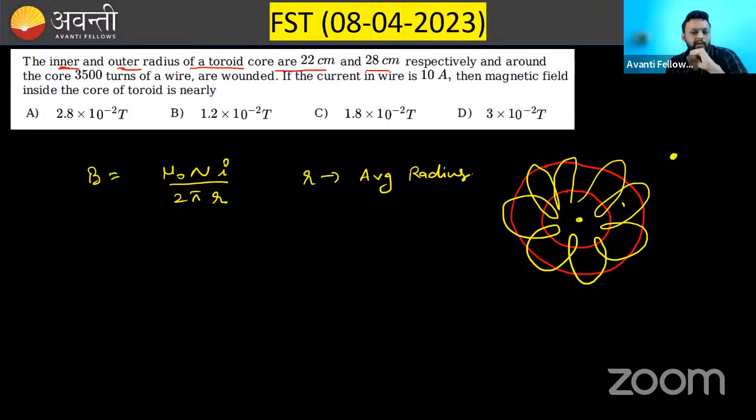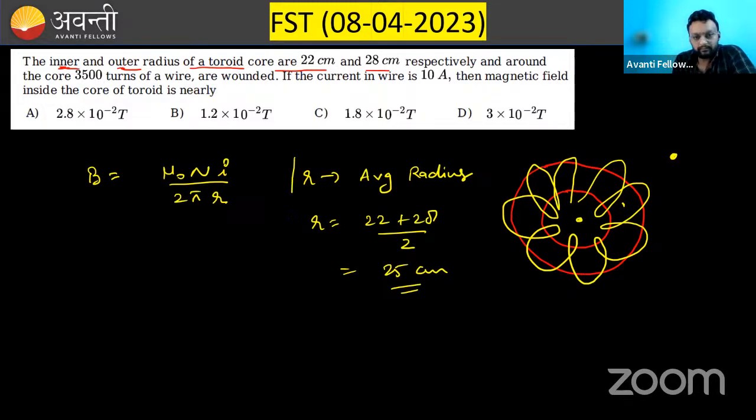So the inner radius is 22, outer radius is 28. So the average radius will be 22 plus 28 divided by 2, which becomes 50 by 2, that is 25 centimeter. So the average radius is 25 centimeter.